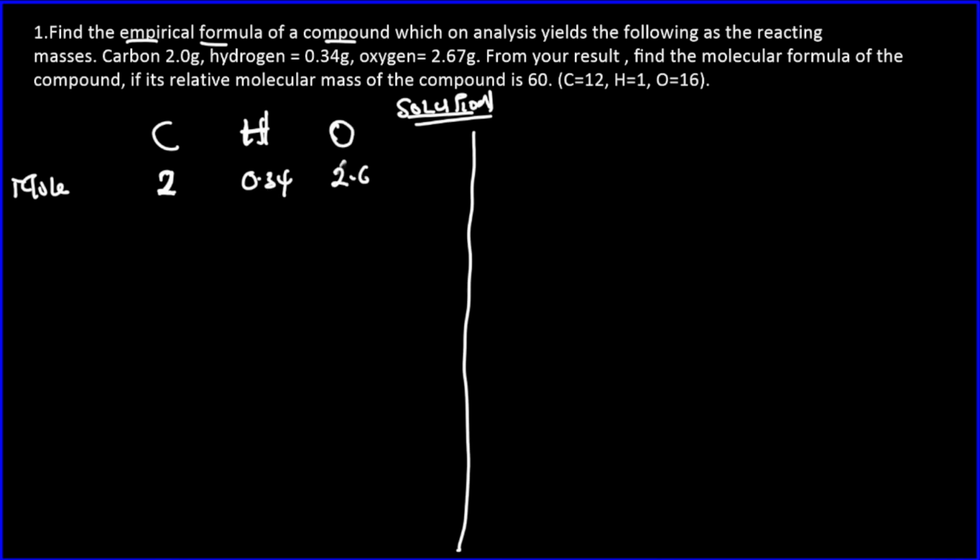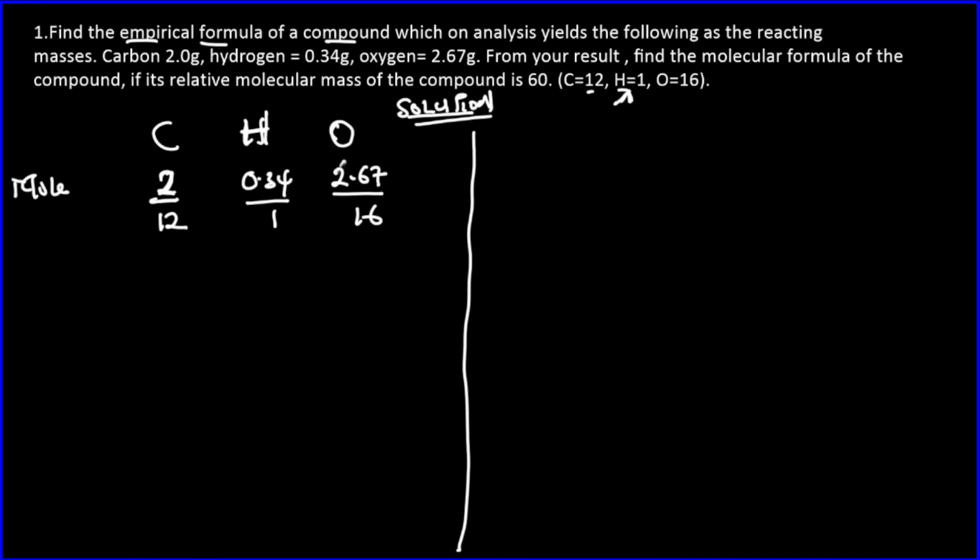Now, to get the mole, the reacting masses of the element are divided by what? The relative atomic masses. These are the relative atomic masses given. So we have 2 divided by 12, hydrogen is 1, and oxygen is 16. So 2 divided by 12 is what?